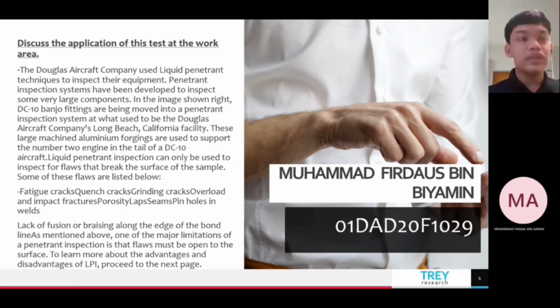Some of these flaws are listed below: fatigue cracks, cracks from grinding, overload cracks, and impact fractures, and porosity, laps, seams, and holes, which can be seen along the edge of the bore. As mentioned above, one major limitation of penetrant inspection is that the flaw must be open to the surface.